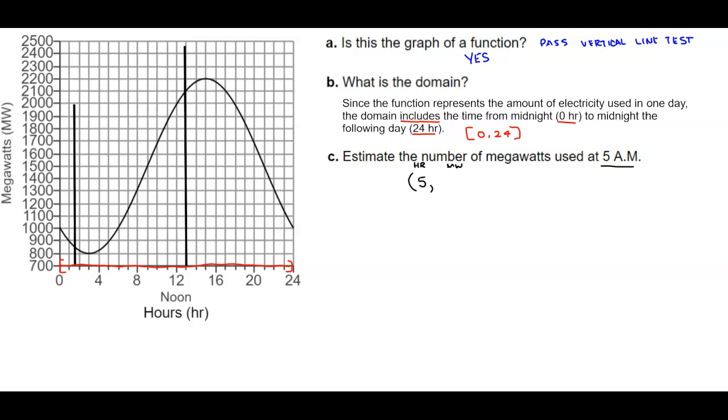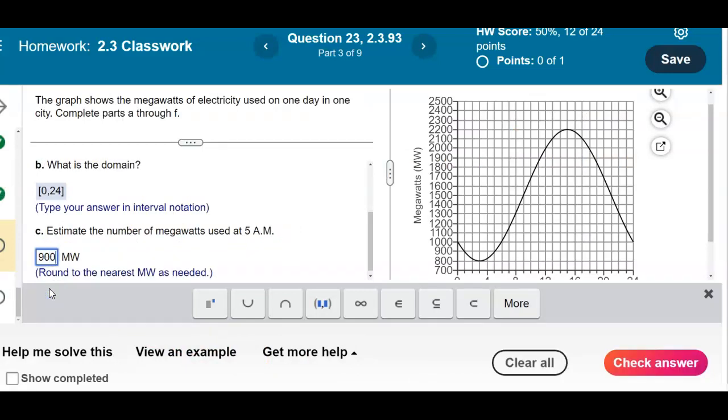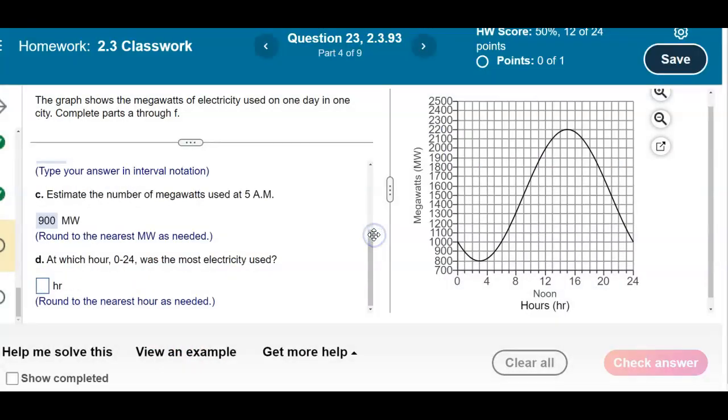So if this is 5 right here, what is the point on the graph, or what is the megawatts here? Well, the megawatts is about 900. So that would be 900 megawatts. Let's go ahead and put that answer in just to check. So we have 900. Let's check our answer, and there is our result.